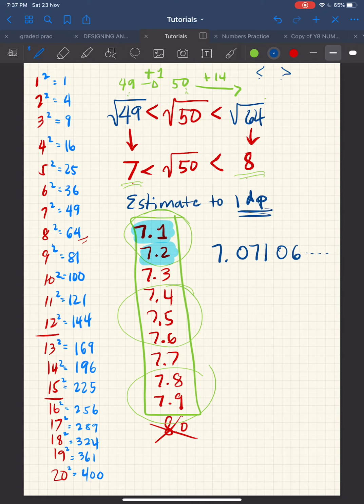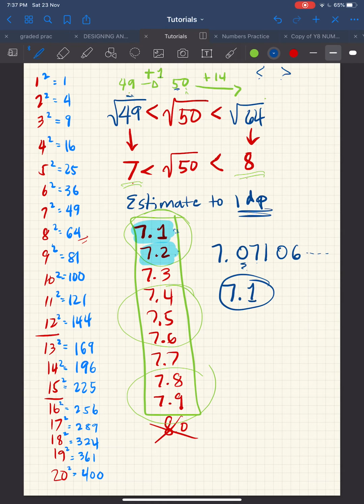If we round to 1 dp, the next digit is 7, so it is 7.1. If you estimated 7.1 or 7.2, that's acceptable, but 7.1 is the most logical because the difference is only one number.